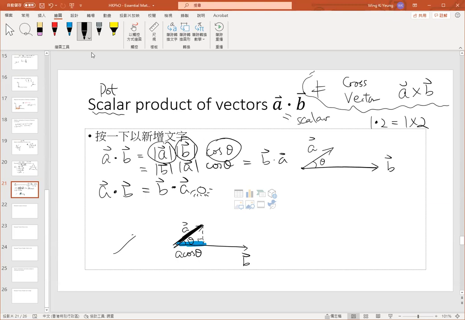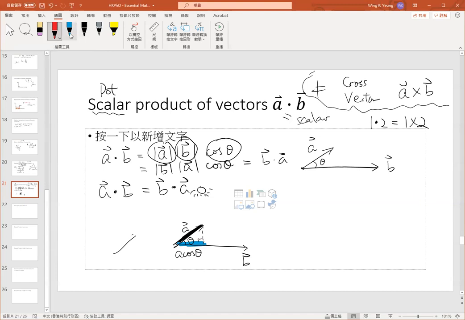Is it A cosine theta? Then you use the length of the shadow, A cosine theta, times the magnitude of vector B. That is how we define the scalar product.